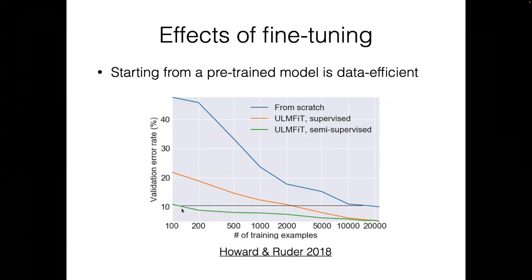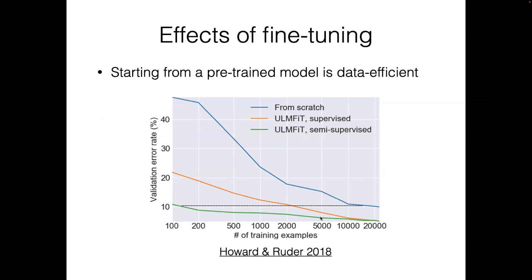I'll talk about what those are in a second. It's actually not that important because it's kind of an older paper. But then you can also see that the absolute performance that you get, given the amount of data you have, is just better. So you would have to go and collect more data to reach the performance that you get by pre-training and then fine-tuning.